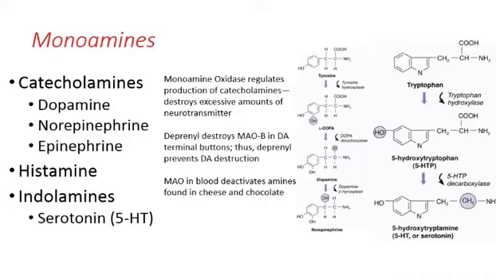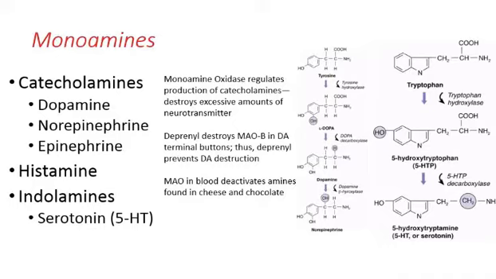People who are taking monoamine oxidase inhibitors for depression, for example, would sometimes be at risk for the drug producing this side effect. The monoamine oxidase in our blood would no longer deactivate those amines in stinky cheese and chocolate, and oftentimes they have problems with high blood pressure, dangerously high blood pressure, and other related side effects.